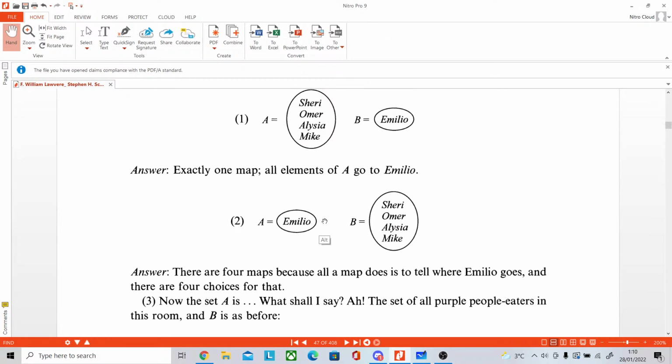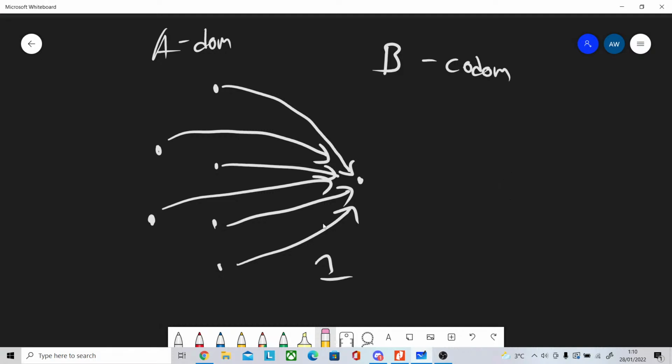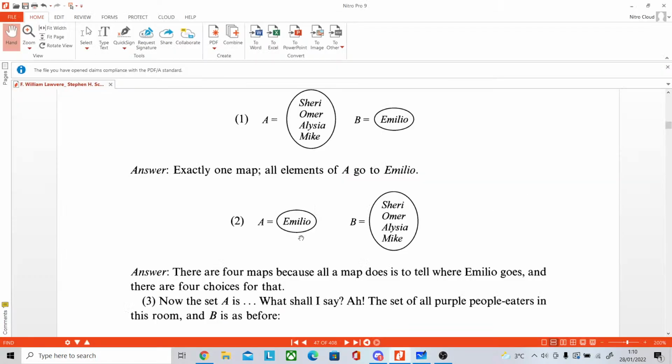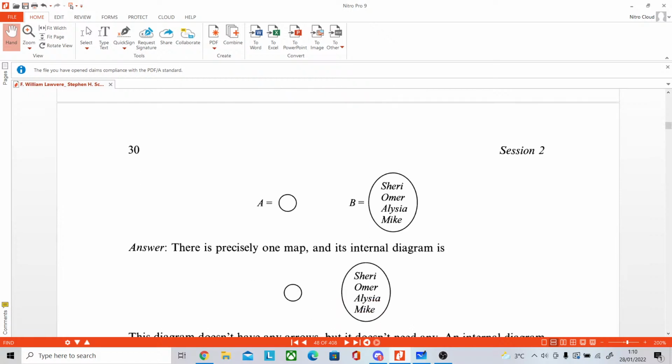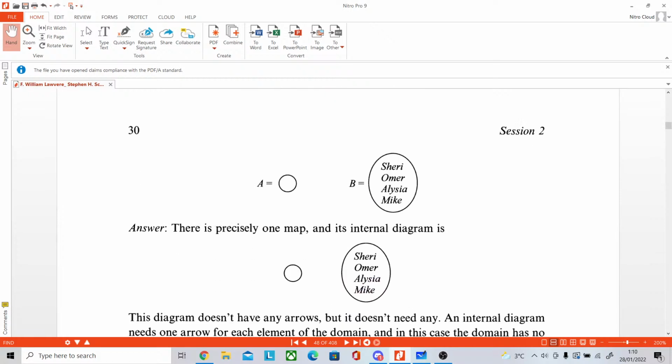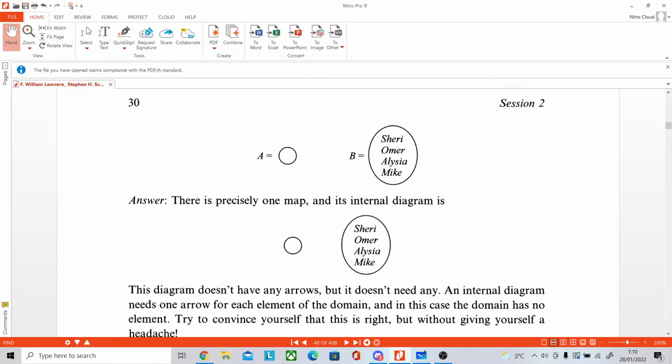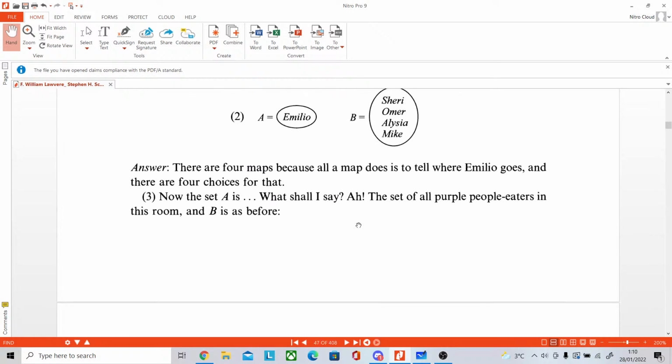This one has 4 maps, because it's 4 to the power of 1 instead of 1 to the power of 4. The set of all purple people eaters in this room.